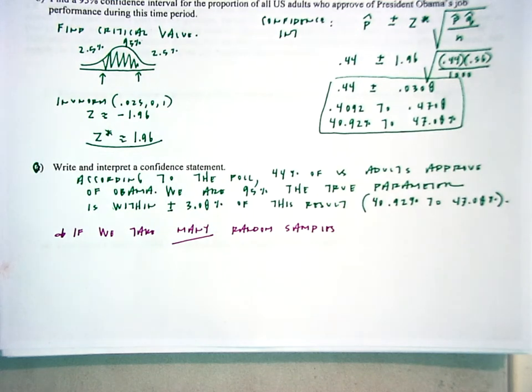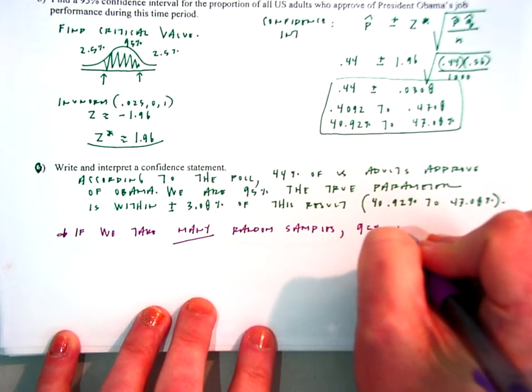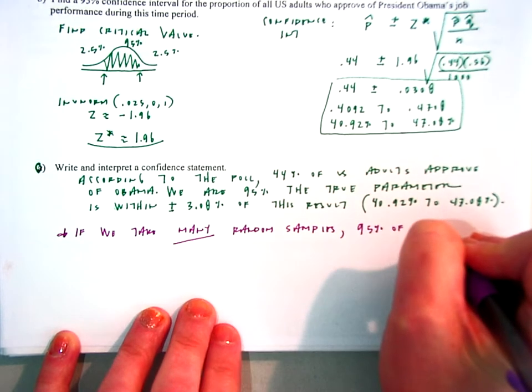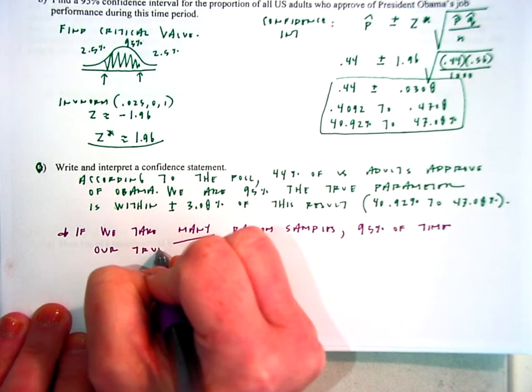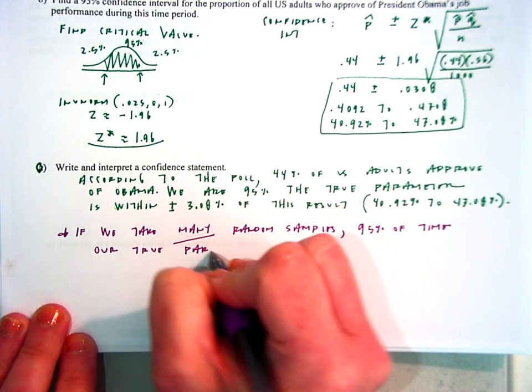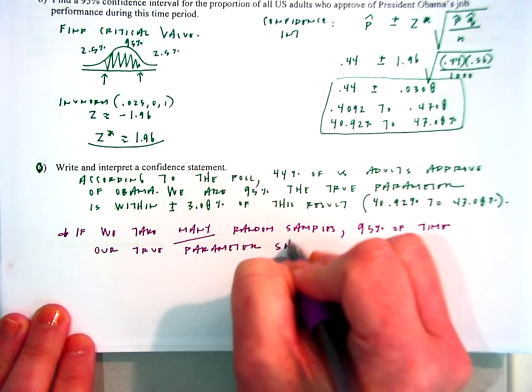So many random samples, 95% of the time, our true parameter should fall within this window.